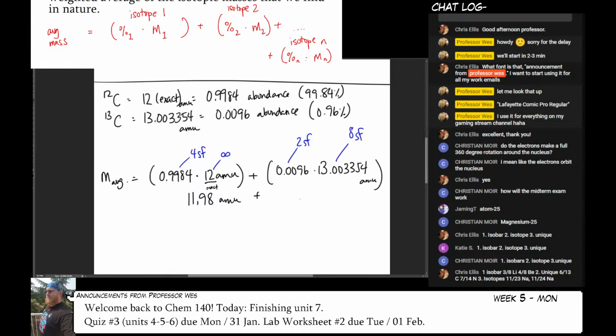And I got 0.1248, which I'm going to write as this. Did I multiply this correctly? Hold on. Nope, that's what I want. Okay, I guess.